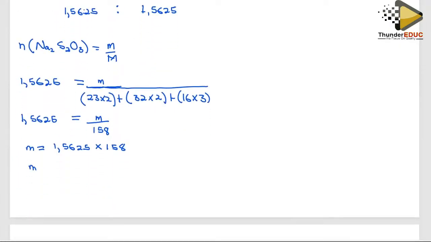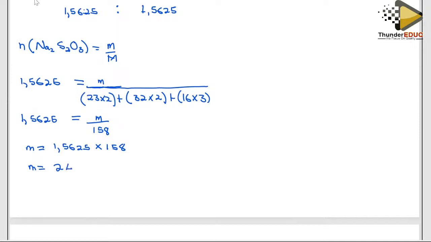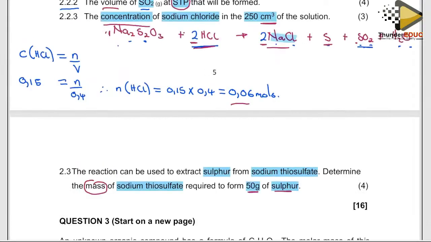So my m there is equivalent to 246, sorry, 246 there, not 86, 246.875 grams. So this is how we calculate our question number 2.3 there. Then I'm going to proceed to question number 3.